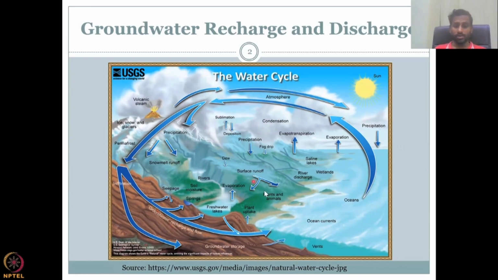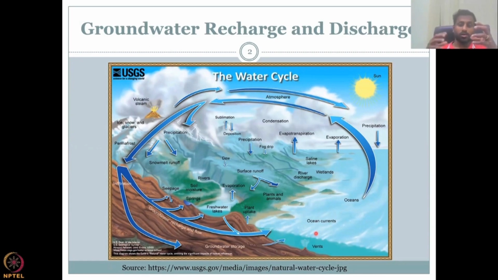So, for example, your ground is your base for understanding the groundwater hydrology, and how water gets in is quantified as groundwater recharge, and how groundwater comes out naturally, which is seepage into the freshwater lakes, springs, etc., and also to the oceans, is called groundwater discharge.